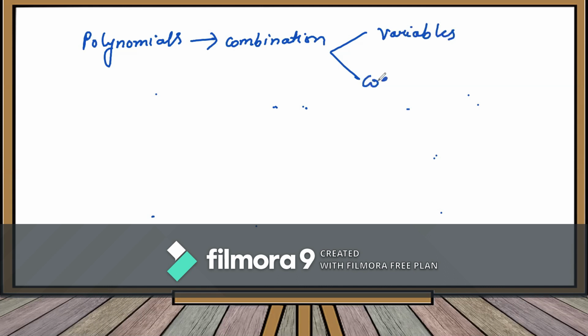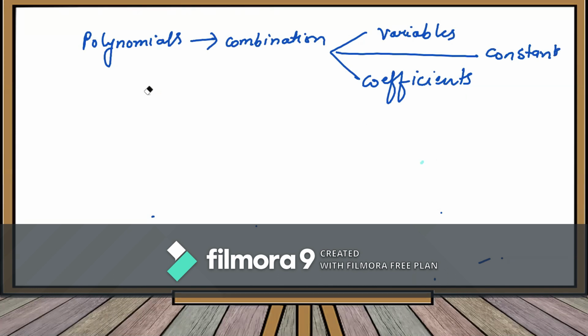Then there are coefficients which are attached to these variables, and there are also constant terms. We have studied three types of polynomials so far: linear polynomials, quadratic polynomials, and cubic polynomials.